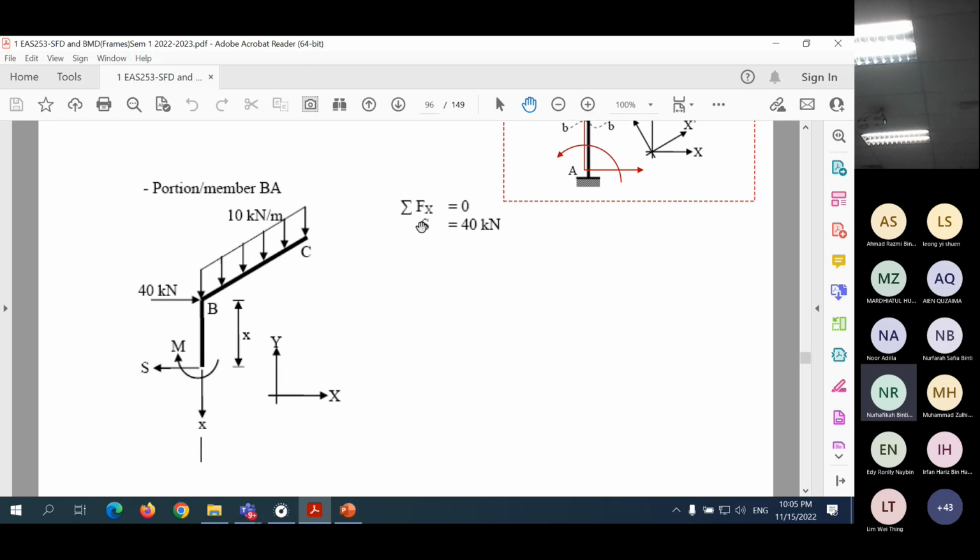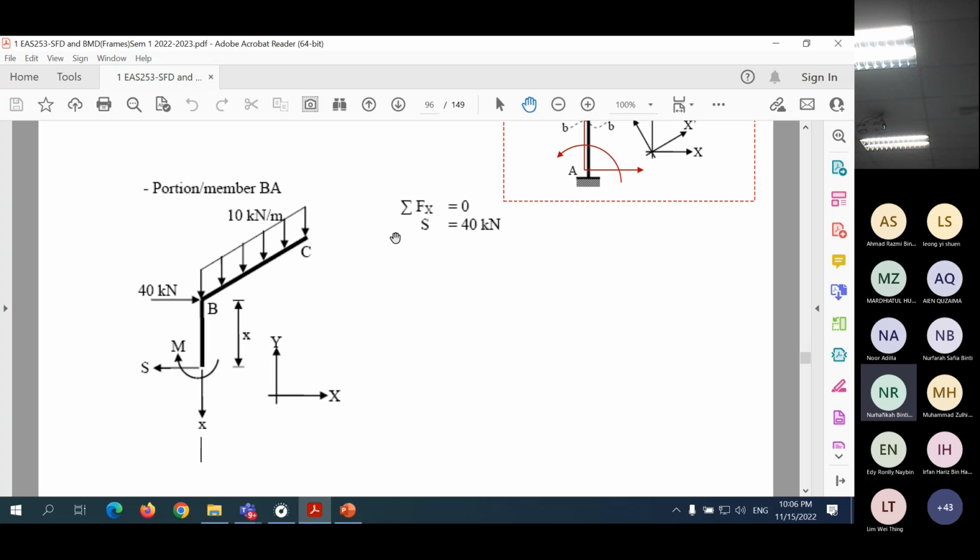Then for shear, when you calculate shear here, class, the shear now is in these directions. Positive shear, positive bending moment. This is vertical, so this has nothing to do with shear now. So we maintain this as the vertical direction. This is vertical, this is horizontal, so this will not affect the shear now.